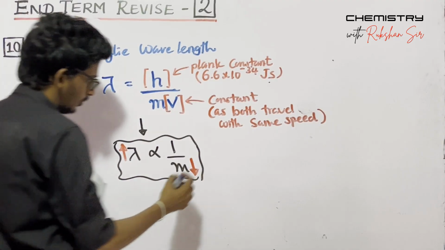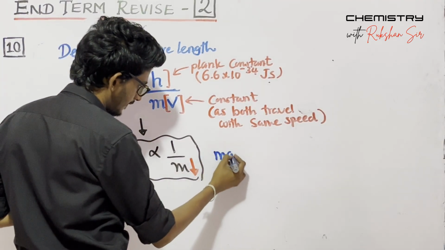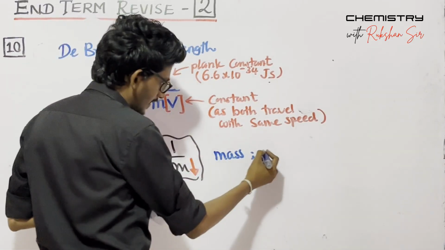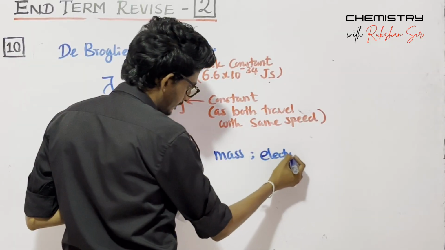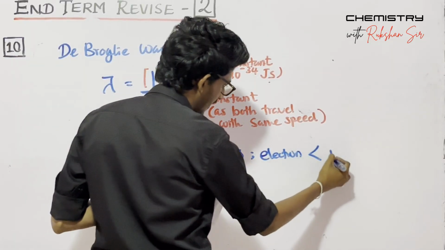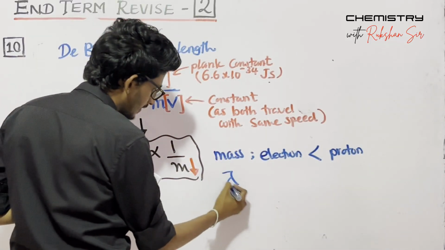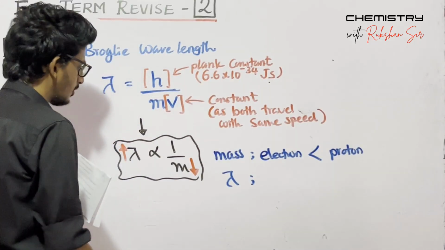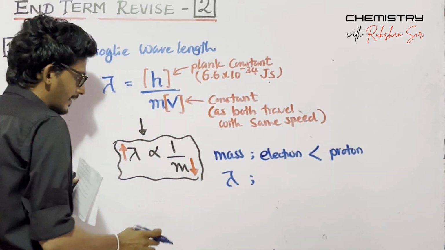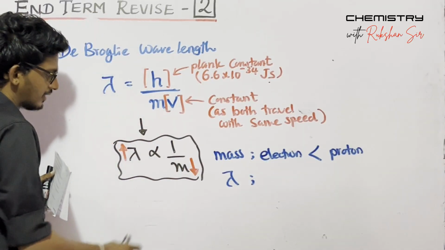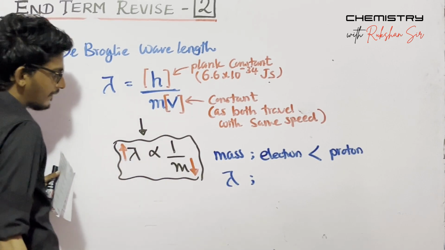So let's write. It goes to mass, right? The electron has a smaller mass than the proton. So the de Broglie wavelength is going to be a higher value for the one with smaller mass. So it's an inverse relationship, right? The smaller the mass is, the greater the de Broglie wavelength.